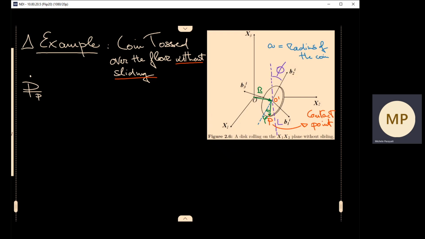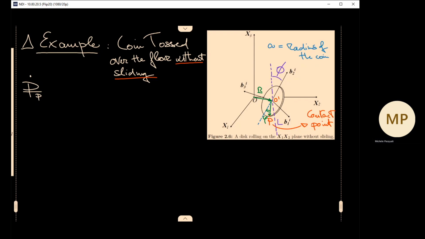If you happen to throw this coin over a plate which was moving over the floor, the condition would have been enforced by requiring that the relative velocity between the coin and the plate should be 0.